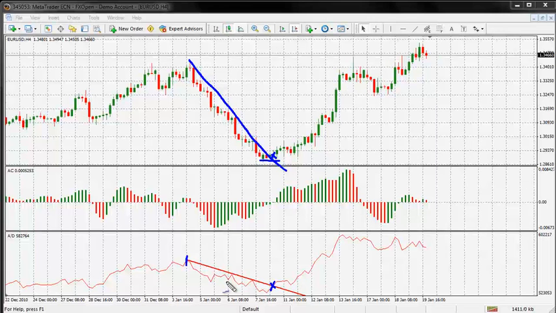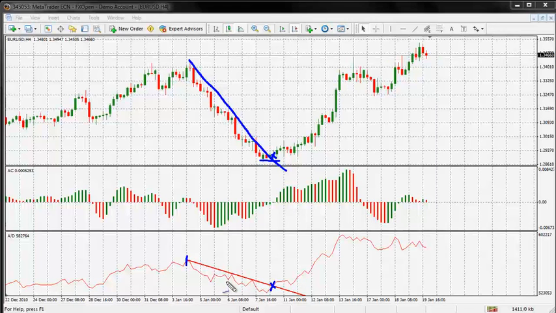The best way to actually get into a trade is by having a set of rules. 1. Identify the trend. 2. Identify the signal. 3. Find a confirmation. Very, very, very important.